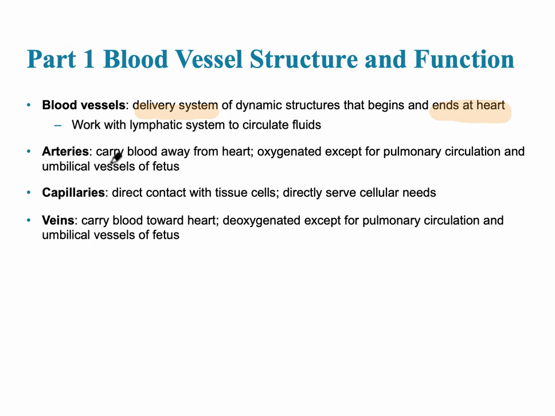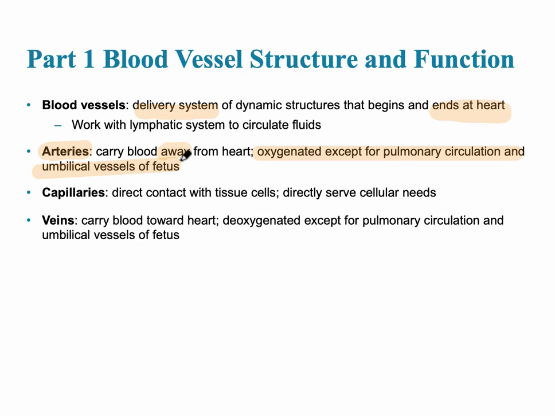So the first three main categories of blood vessels are arteries, and the key thing to remember for arteries is that they carry blood away from the heart, and that is always true. And they're usually oxygenated. However, that's not true for the pulmonary circulation and the umbilical vessels of the fetus.